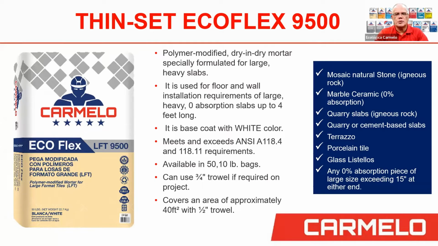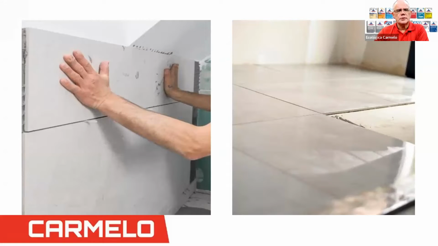So you've got marble, ceramics, quarry slabs, porcelain tiles, 0 absorption pieces that exceed 15 inches. So you have up to 4 feet for these tiles to use with this thin set. And here's an example of those, where you have these long and heavy pieces, right? Up to 4 feet.